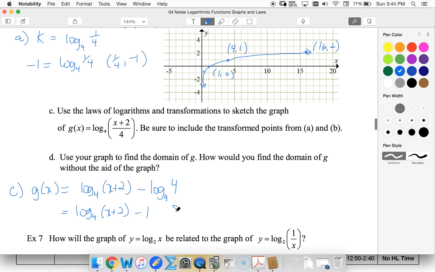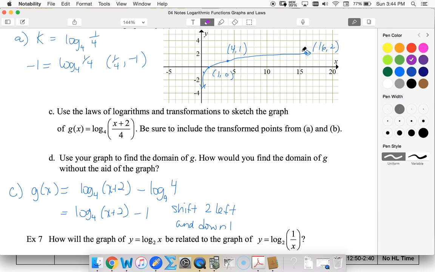So my graph has been shifted to the left 2 and down 1. So I'll come over here and graph that. So 14, 1, 2, 0, -1, -1.